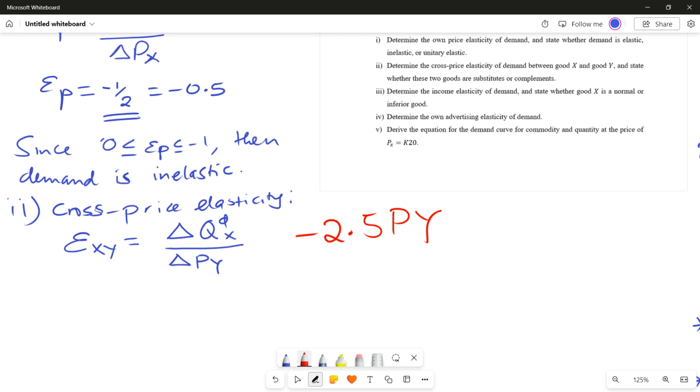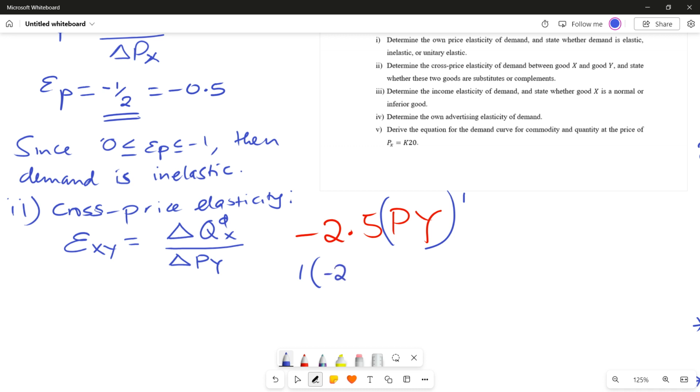We will have to find the change in X as a result of a change in the price of good Y. We know that this Py is raised to some power, and that power is 1. So we want to differentiate this. The 1 will have to drop.